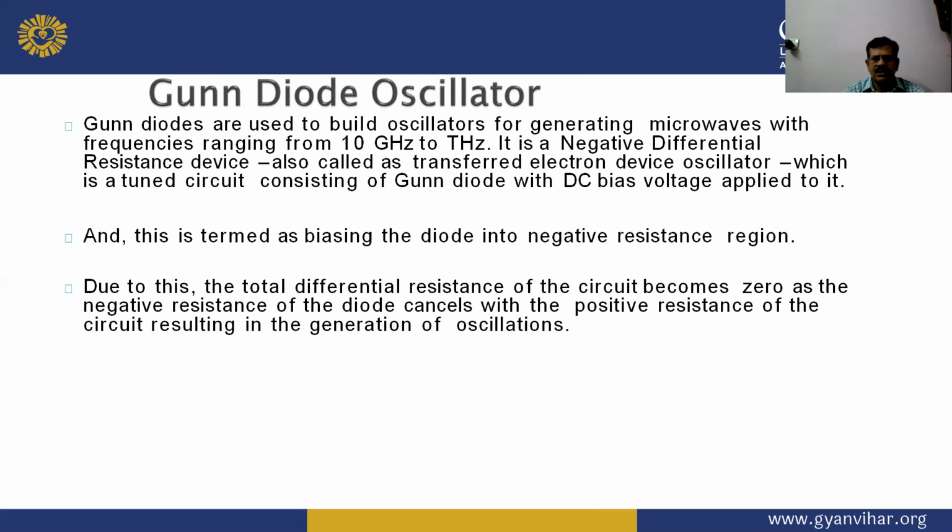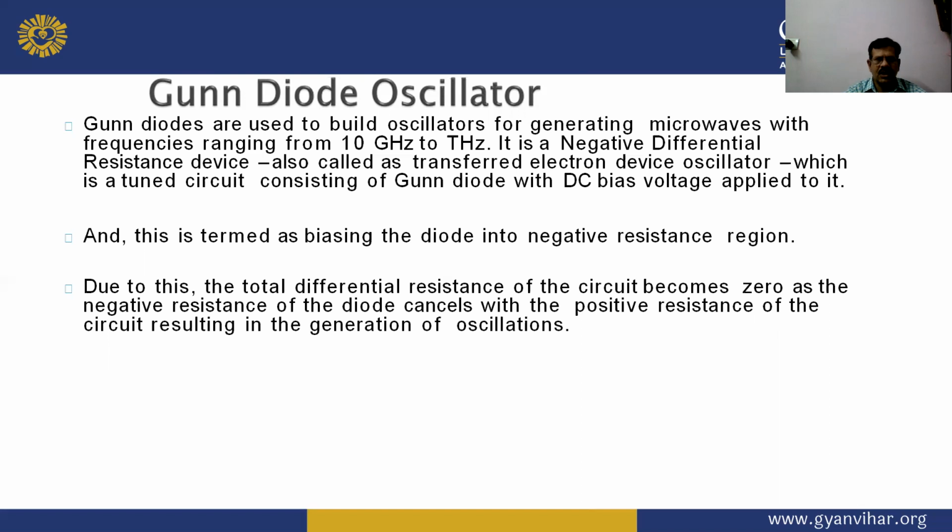The oscillator is a tuned circuit consisting of a Gunn diode with a DC bias voltage applied to it, and this is termed biasing the diode into the negative resistance region.